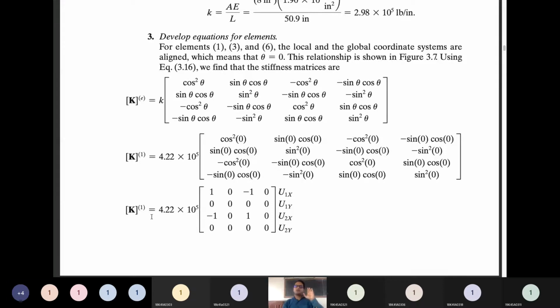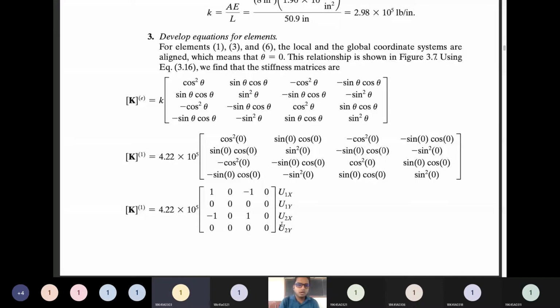So for every element it is now clear that the order of the stiffness matrix will be 4 cross 4, for an individual element I am saying. For the overall problem of that balcony truss that we are considering, it will be 10 cross 10. But how we will reach up to there, just wait and watch.